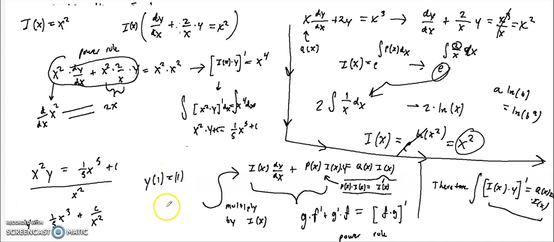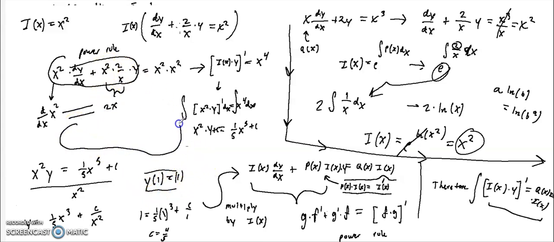We'll make it easy on ourselves. So we plug in values. And we get c equals 4/5 for this initial condition.